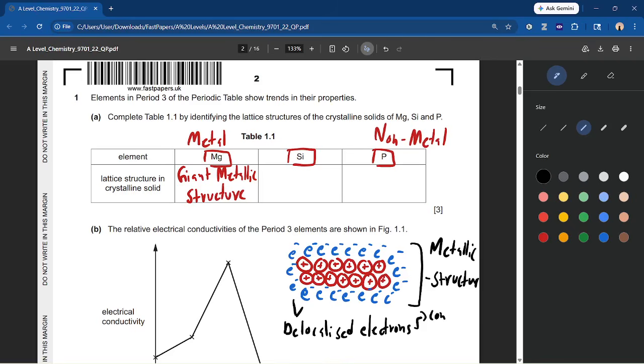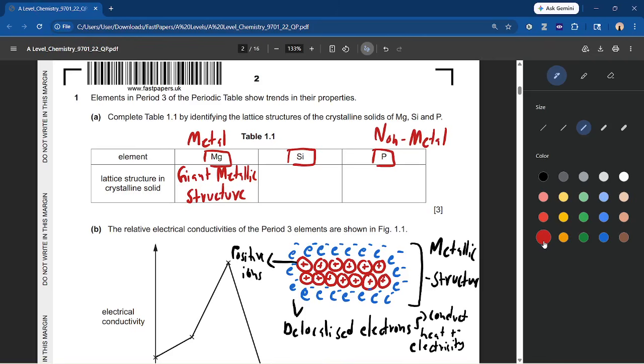So you can write down they conduct heat plus electricity, and obviously you're going to label this positive ions.